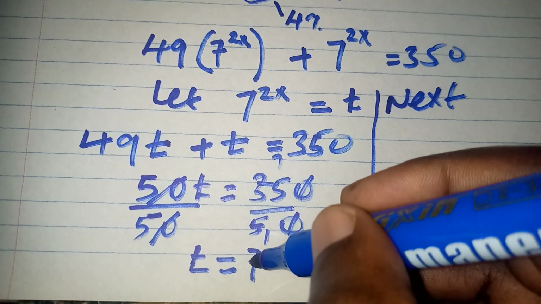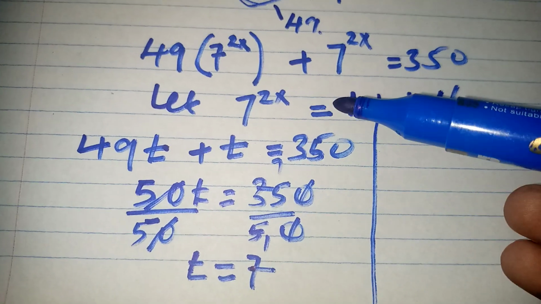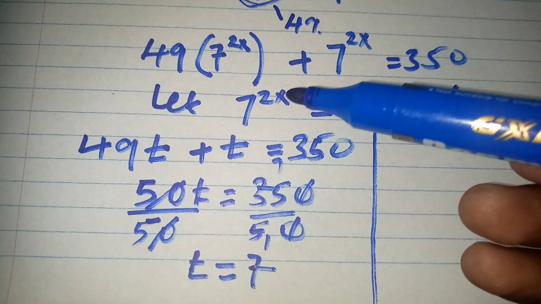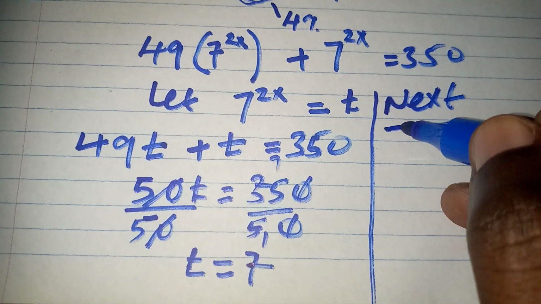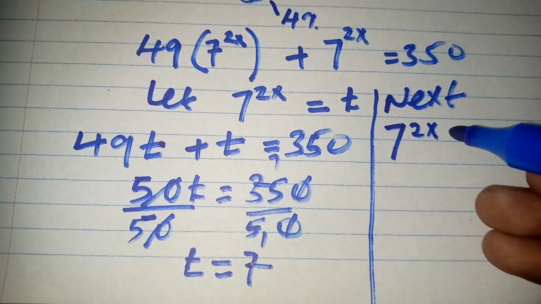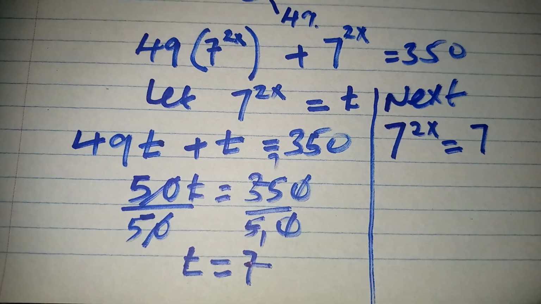So next step, I know that t is 7, but also my t is 7 raised to power 2x. I'll come and replace: 7 raised to power 2x is equal to t, but my t is 7.